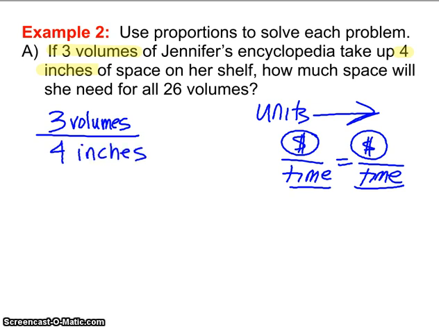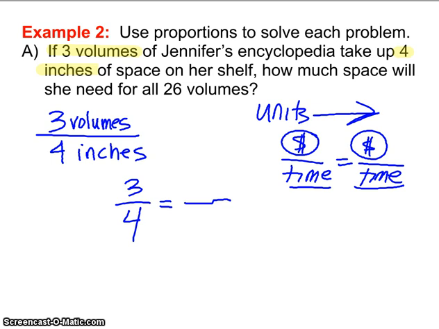So when we go to write our proportion, we're going to want to make sure that all of the volume units are on top and all of the inches are on the bottom. So let's write out our ratio. 3 to 4 is equal to, let's take a look at what we're trying to solve for.